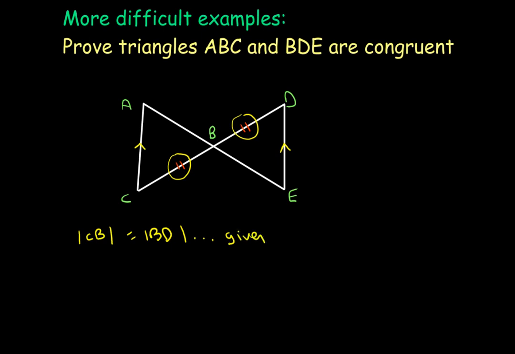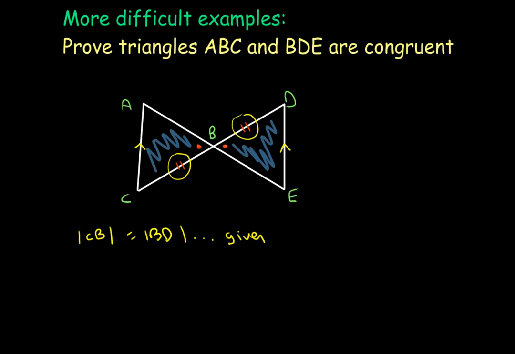Again, we're trying to prove that the two triangles are congruent, that this triangle is the same as this triangle, the exact same. So there's nothing else given in this question, and this is where we've used our geometrical skills from the start of the video to prove either another side is equal or another angle or two are equal. And the next one I see there is I know this angle has to be equal to this angle.